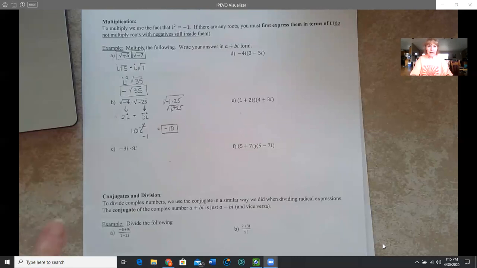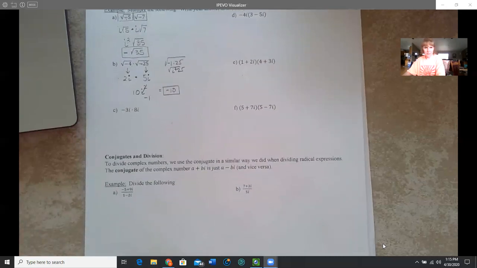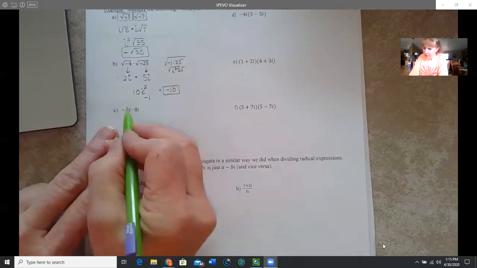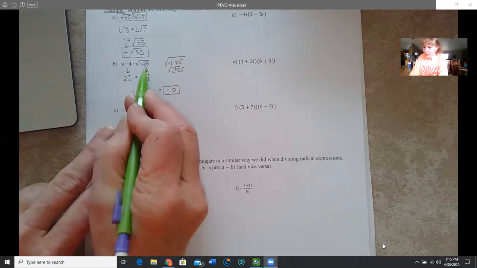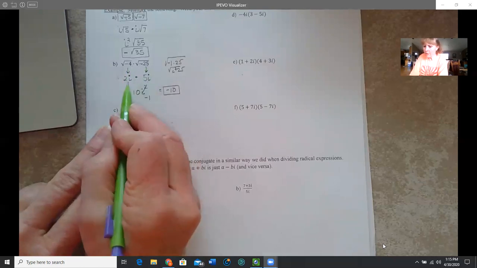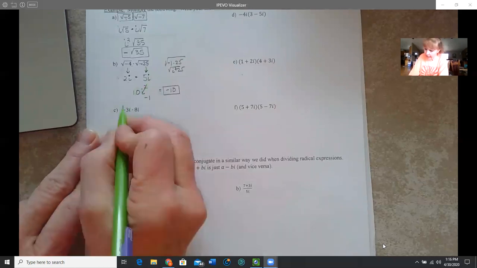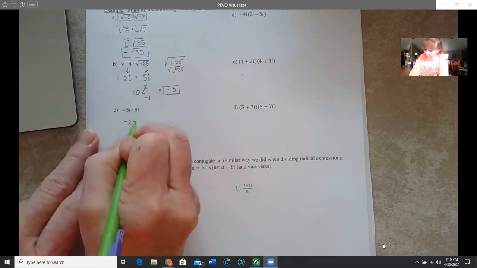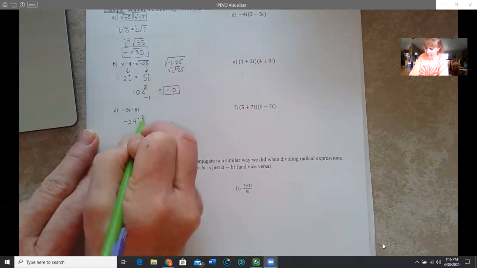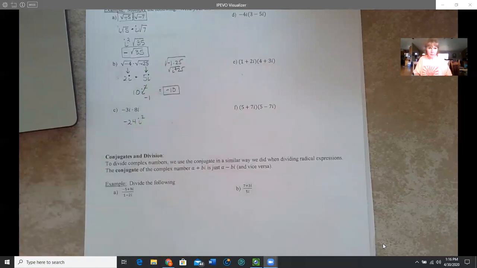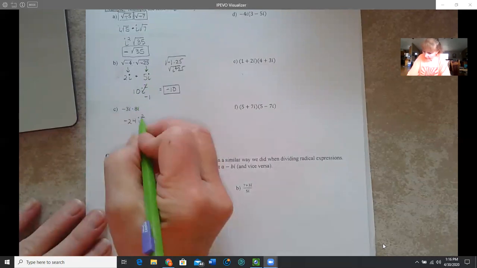Okay, let's look at another one. Here we have -3i times 8i. Here again we're not going to have to reduce. We're to the point where we're just going to multiply them together. -3 times 8 is -24. i squared, because i times i is i squared. i squared is a -1.